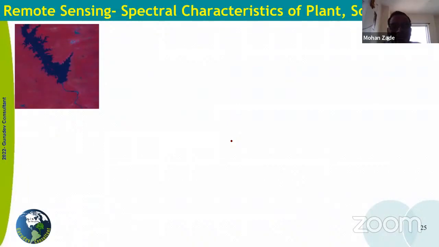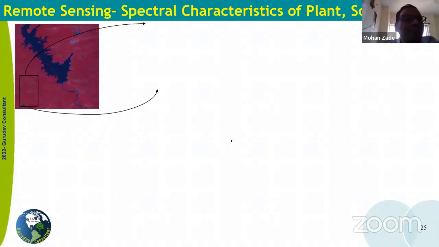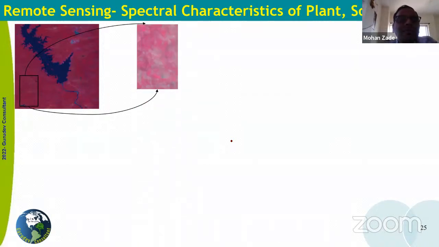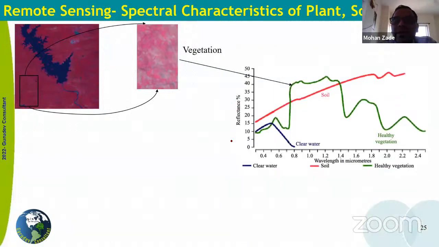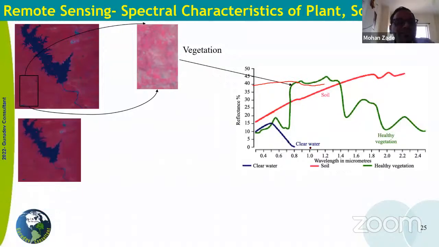I'll show you one example. These red or pink color images are the vegetation. If you see the spectral characteristic curves, it should be like this for vegetation. At this point, the reflectance is always greater than 40% in NIR for vegetation.